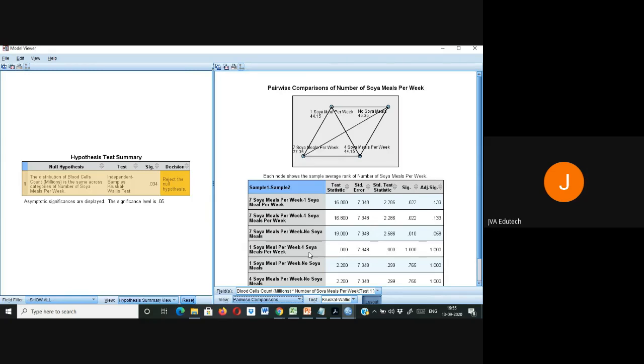However, if you compare one soya meal per week with no soya meal per week, then also there won't be any significant difference. So the only significant difference will exist if the person is fed on one soya meal per week or no soya meal per week as compared to 4 and 7. Clear?